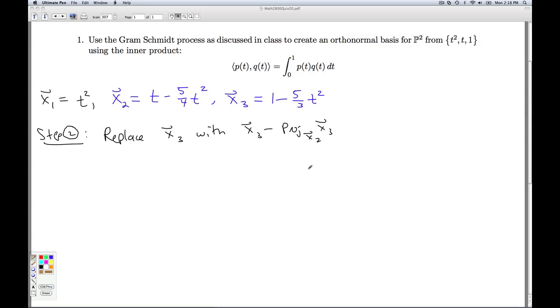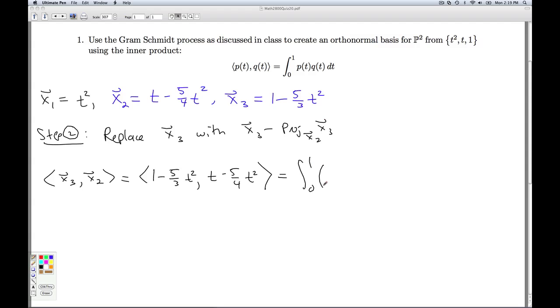So what do I need to construct the projection of x3 onto x2? Well, I need the inner product of x3 with x2, which is the inner product of 1 minus 5/3 t squared with t minus 5/4 t squared.